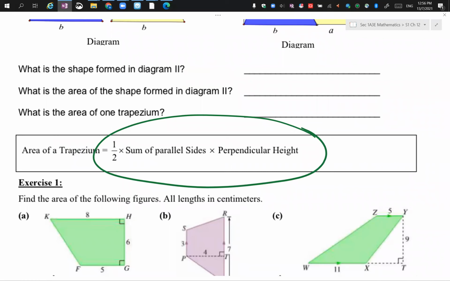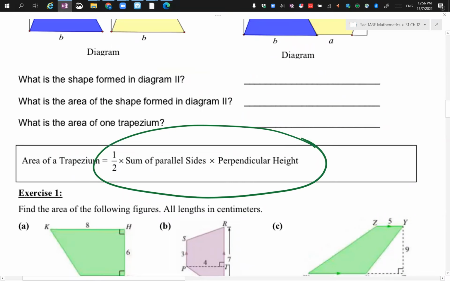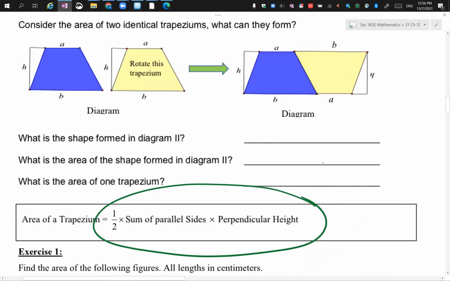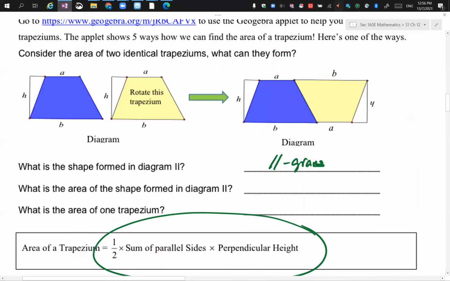Okay, so you can fill in the blanks. What shape is formed in diagram 2? Parallelogram. Your teacher is very lazy, too lazy to spell parallelogram, but you need to spell it. Okay, you need to spell P-A-R-A-L-L-E-L-O-G-R-A-M.